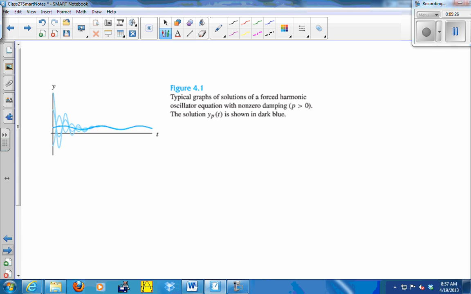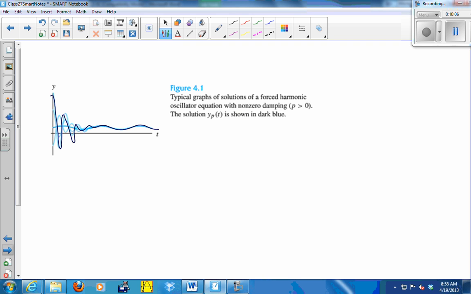This is a picture of some typical graphs of a forced harmonic oscillator. The dark blue line is the particular solution that we found to the non-homogeneous equation. The general solution to the non-homogeneous equation has some oscillation, but it settles down into that particular solution because the damping makes the natural response die out.